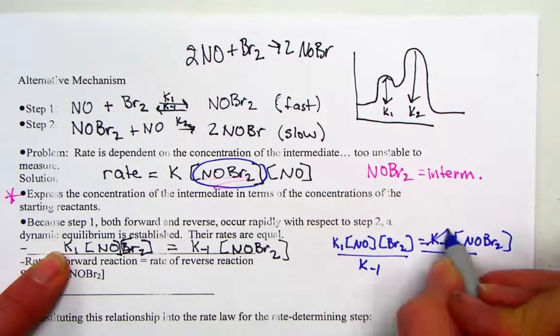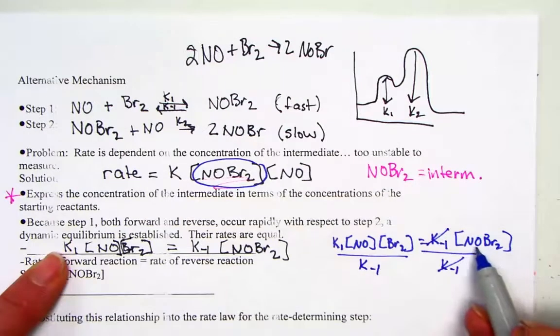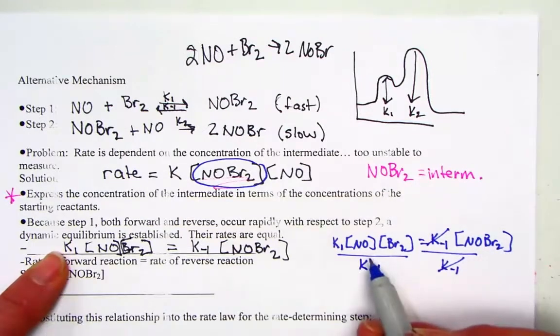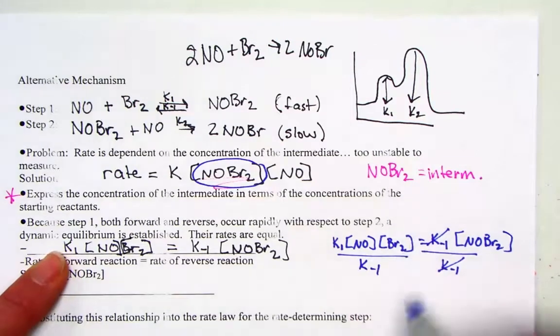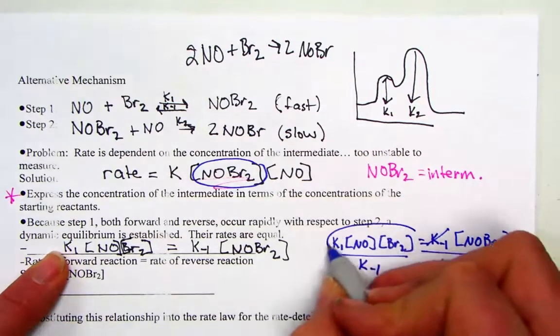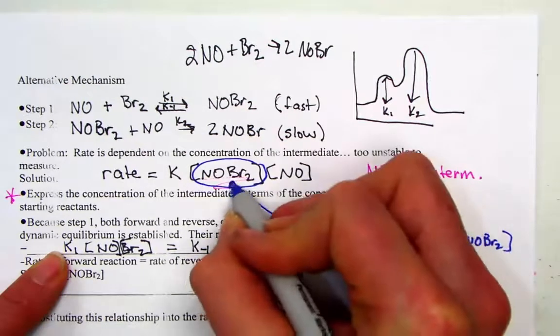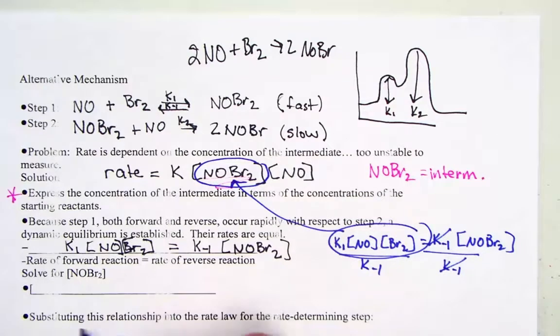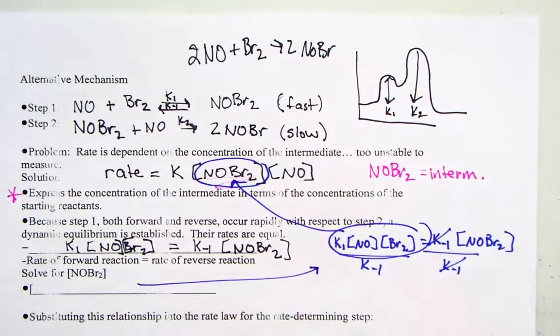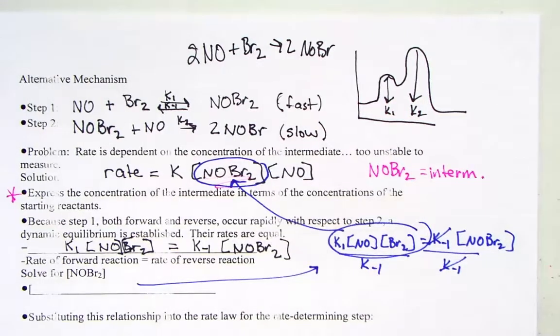So that simplifies. The concentration of NOBr2 is the same as saying NO first order, Br2 first order. Taking these concentrations and subbing them in for that intermediate, this is what we'll get. Subbing that relationship in, this was my algebra right here, I solved for NOBr2.